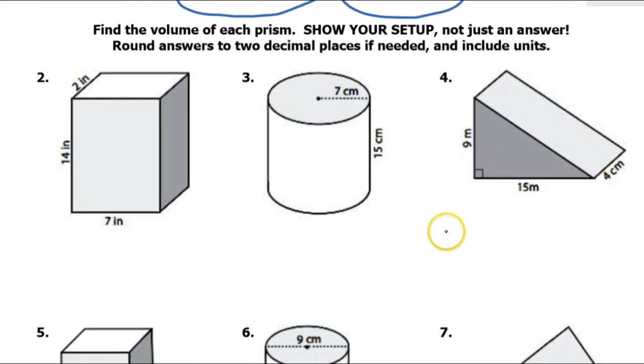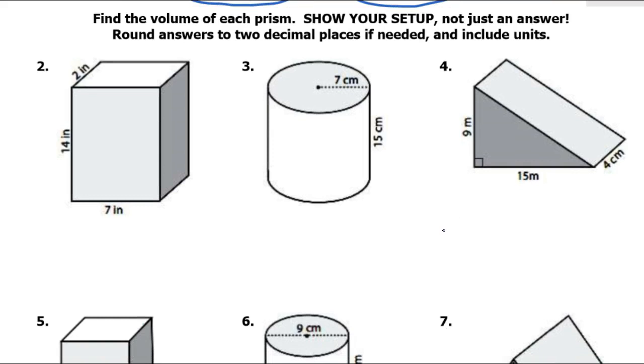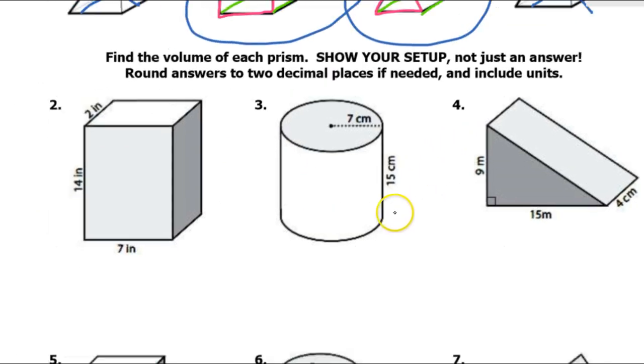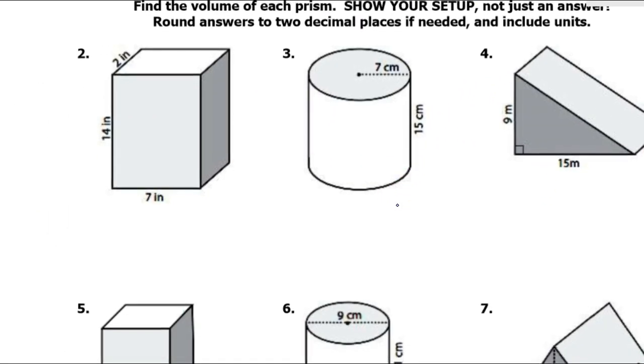Okay, now that we know what a prism is, let's go ahead and talk about how to find the volume. The volume will reflect the space inside the prism. Now, if the two congruent shapes which form the bases are circles, then we call it a cylinder. All right, but it acts a lot like a prism. Now, here's the volume formula.